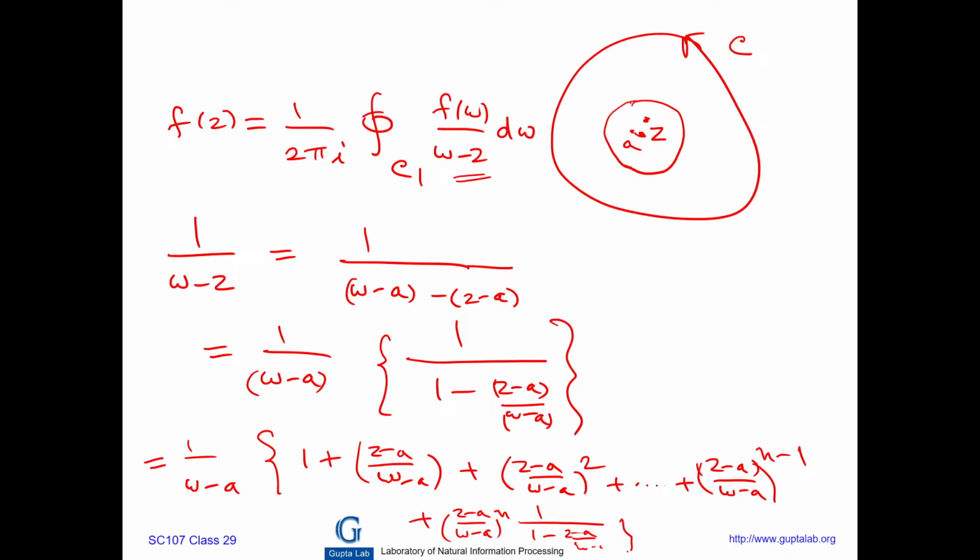So now I can substitute this, or rather, I will just multiply the whole thing by f of w on both sides. Multiply by f of w on both sides, right? And then using this equation, I can call it equation number 1 here.